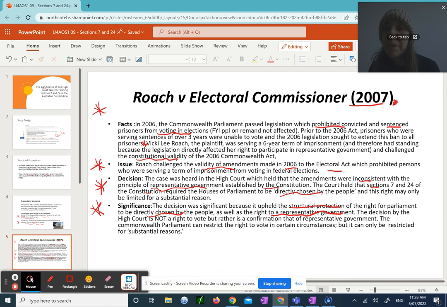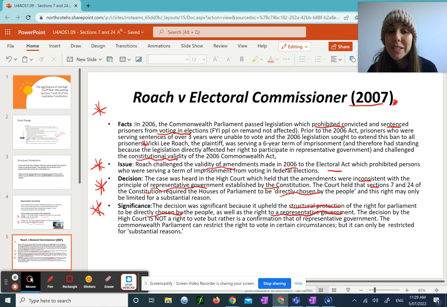The government shouldn't limit people's ability to participate in representative government or voting for a representative government to a certain extent. It was not a right to vote. We still don't have a right to vote written in the Constitution. However, it did confirm the concept of representative government. But it also meant that the Australian or the Commonwealth Parliament can restrict some areas of voting in some specific circumstances.